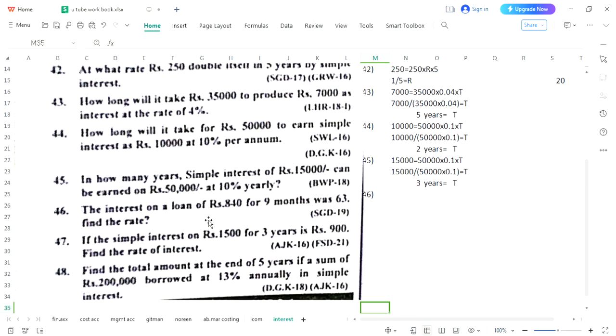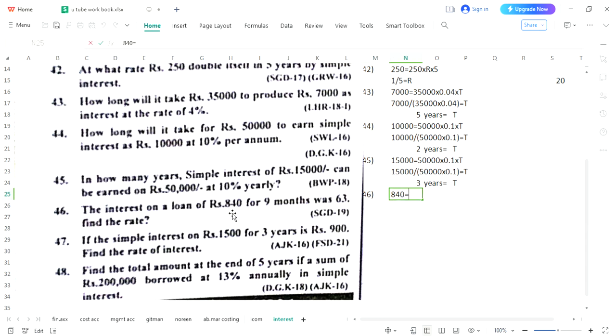Interest on loan is 840 for 9 months was 63. Find the rate. This time rate is not mentioned. Interest on loan of rupees, loan amount is 840.